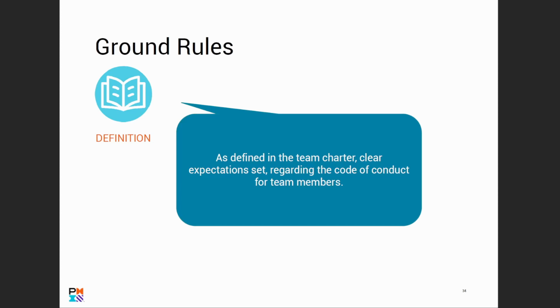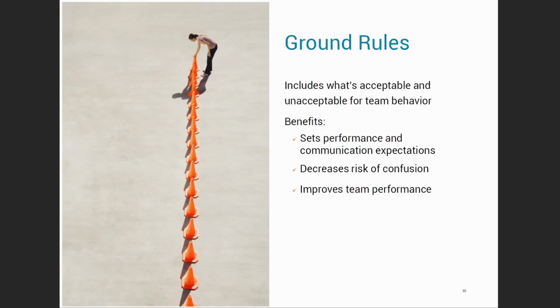So regarding ground rules, what are ground rules? As defined in the team charter, clear expectations set regarding the code of conduct for team members. Ground rules are really important. They set the expectations of any member of the team for the other members of the team, what to expect from them, and what the team members expect from him or her as well.